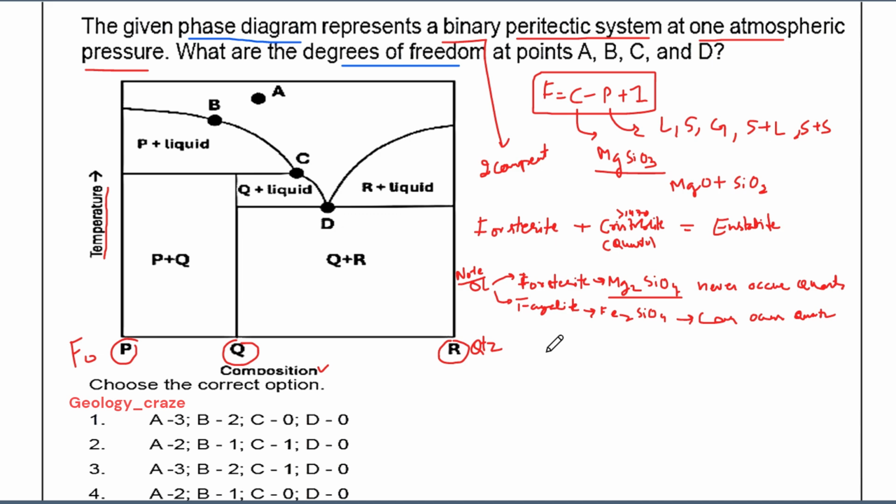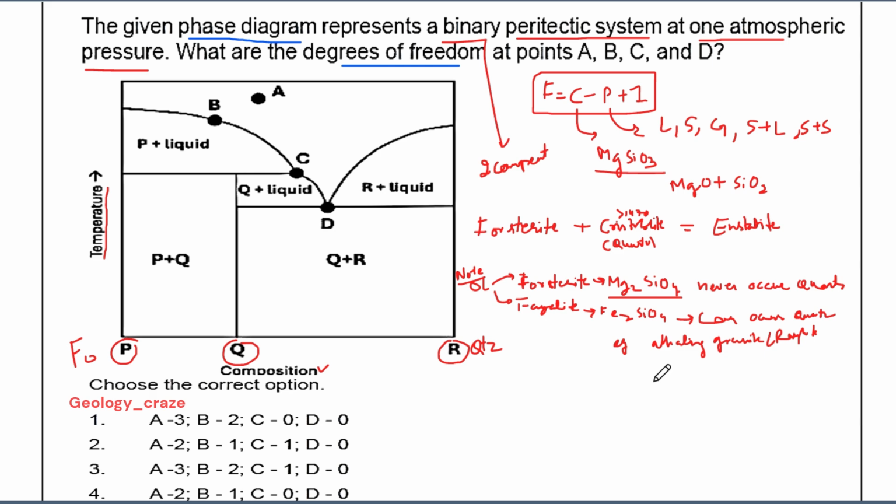So if you are giving an interview, they can ask what are the rocks in which we can get phyllite and quartz, means Fe-rich olivine and quartz together, like alkaline granites, or rhyolite, or other Fe-rich rock. This is the example.